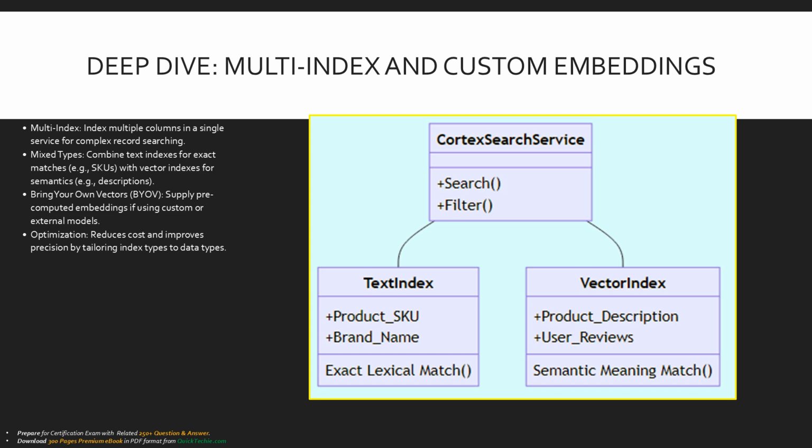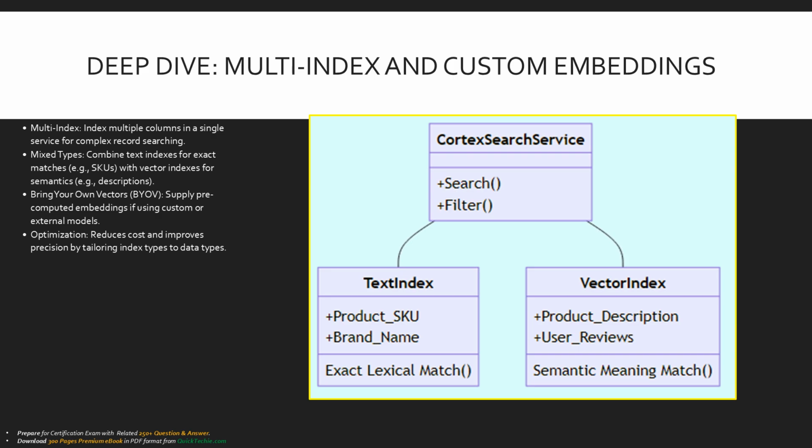This class diagram breaks down the structure of a multi-index Cortex Search service. The main class, Cortex Search Service, exposes the overarching search and filter methods. However, it is composed of two distinct subclasses, the text index and the vector index. The text index handles attributes like product SKU and brand name, specializing in exact lexical matching to ensure strict accuracy.